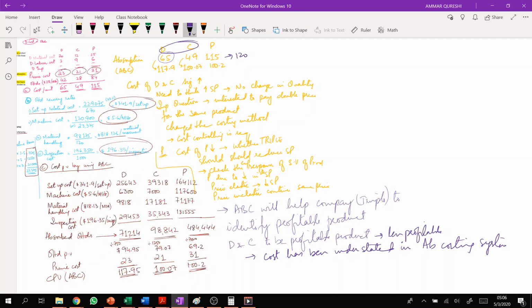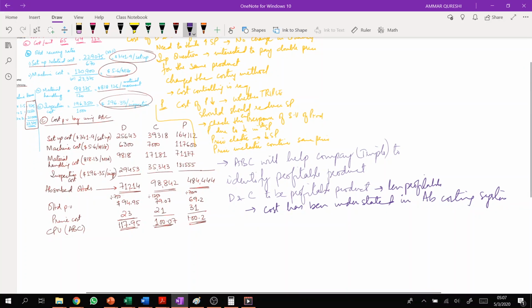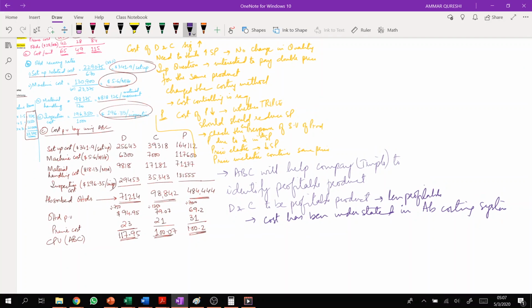Similarly, suppose the selling price of this product is $80. We were thinking that the company is generating $15 profit on this product. Practically, this product is generating losses for the company. So these are less profitable as cost has been understated in absorption costing. And what about product P?